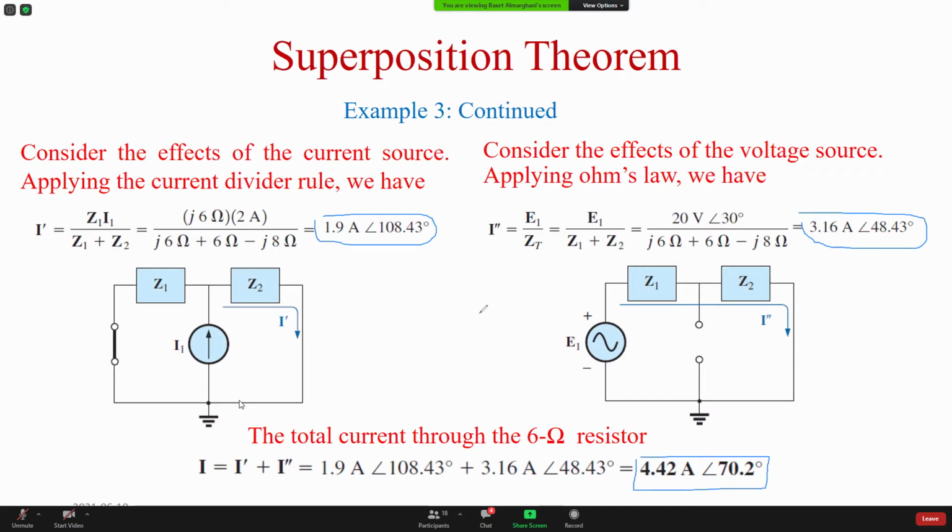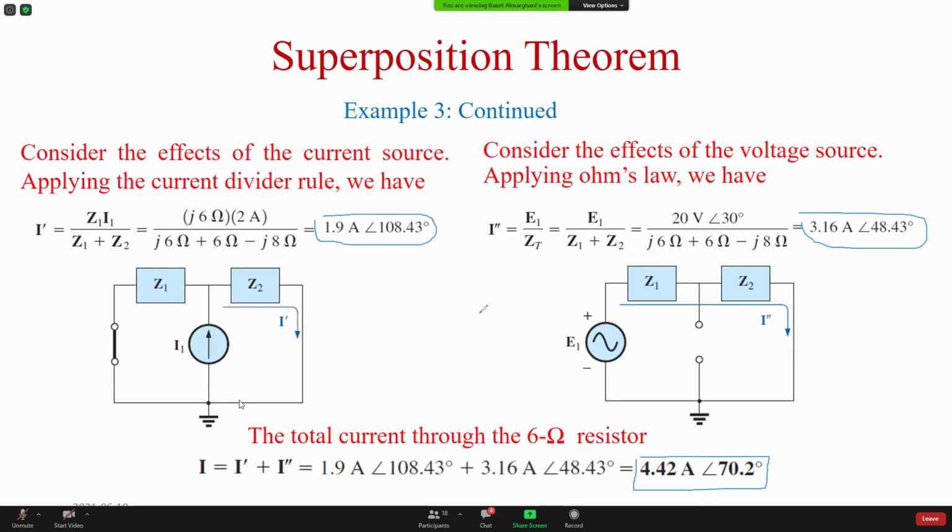One more time, the superposition technique. The superposition technique says that to find current or voltage, you can find the current or the voltage you want to find by applying one source at a time, then combine the individual results, each source result, add them up at the end.